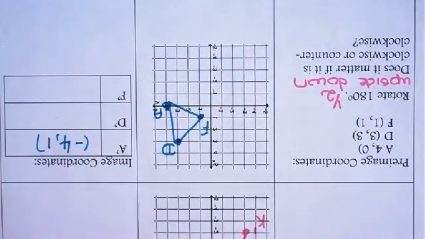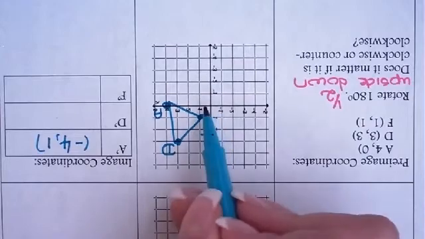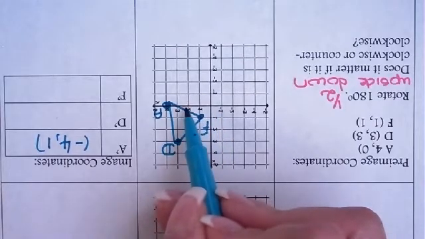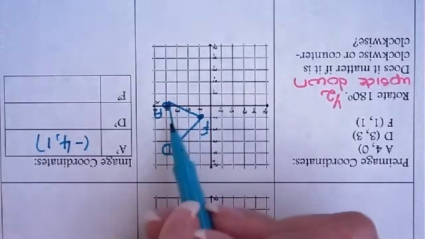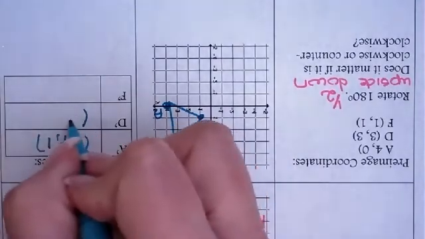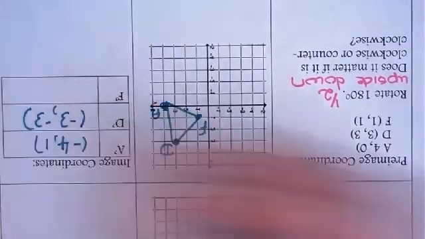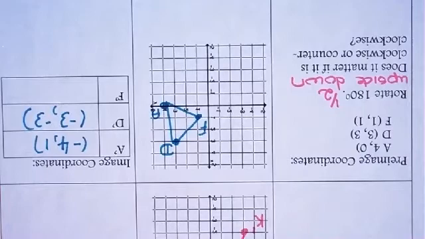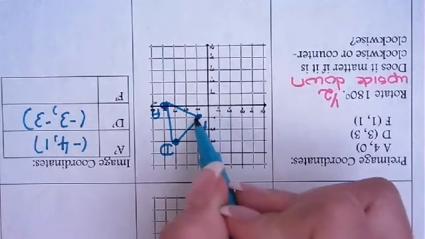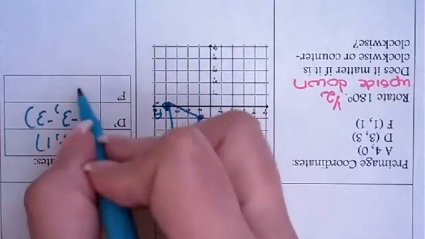So you can see if you can get as good as I am about writing upside down. Okay. D, which is right here, is now at negative 1, 2, 3, negative 1, 2, 3. So it's at negative 3, negative 3. Okay. F, which is right here, is actually at negative 1, negative 1.